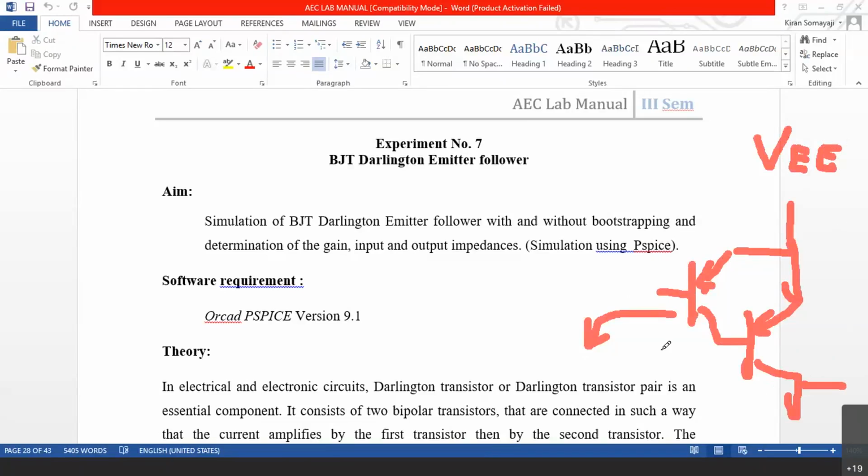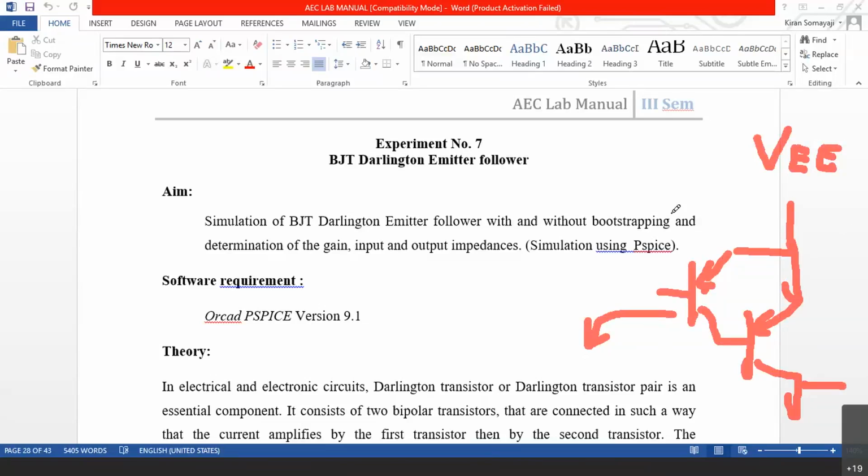That is why later on you are going to study one more amplifier called the push-pull amplifier. In the case of a push-pull amplifier, PNP is connected at the top and NPN is connected at the bottom. In general, NPN will always be connected at the bottom with its emitter connected to ground, whereas the emitter of PNP will always be connected to the power supply.